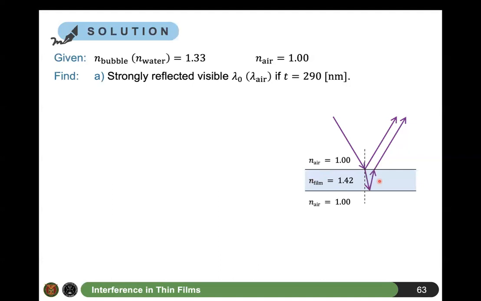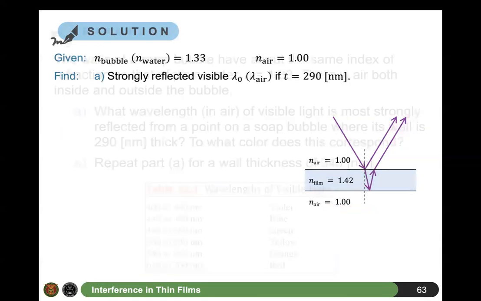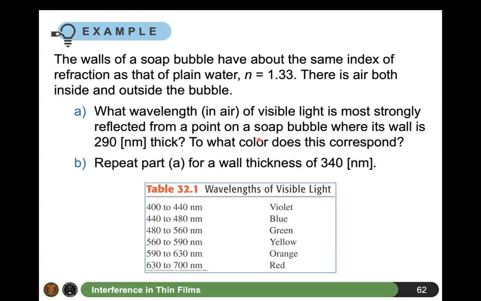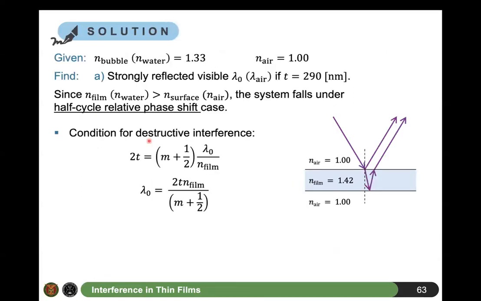Kailan strongly reflected yung lambda naught? So wait, again, this is a case of tumaas, then bumaba. So half cycle relative phase shift. So yung baliktad yung gagamitin natin. Tapos ano yung tanong? Most strongly reflected. So actually for that, since strongly reflected, that means we have a condition for constructive, malito.